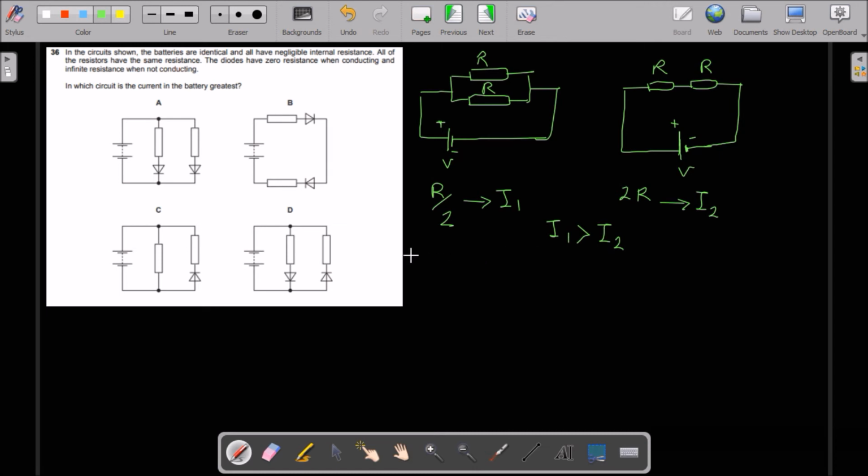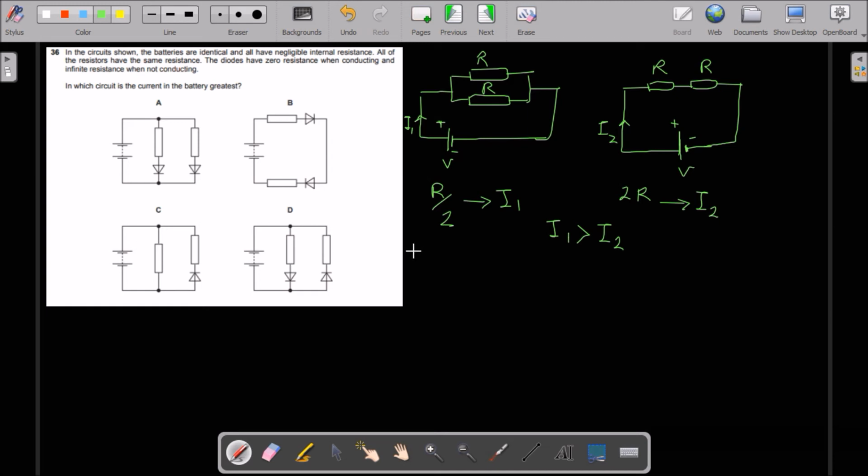I1 is more than I2 because effective resistance for the first circuit is less than effective resistance for the second circuit, which has two resistances in series.